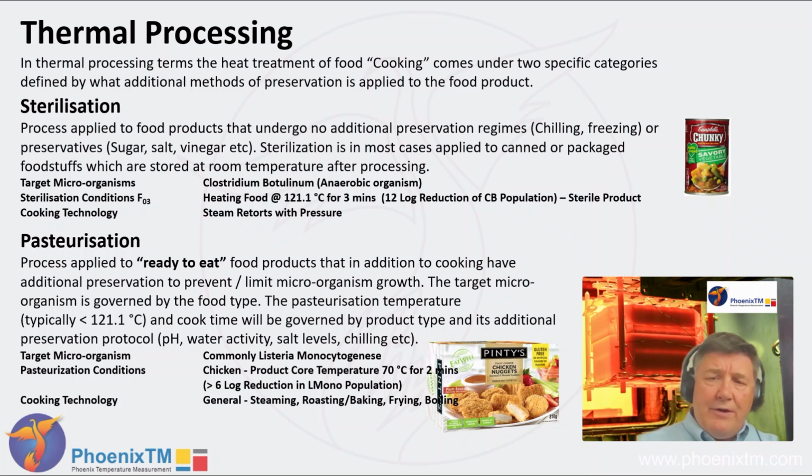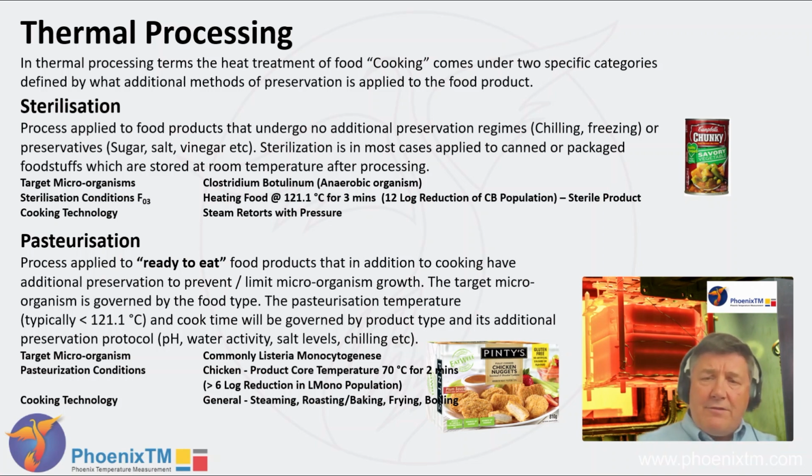That 70 degrees for 2 minutes is required because scientifically it's been proven that under those conditions we will reduce the population of microorganisms, L mono, in that product by a minimum of 6 log or 6 orders of magnitude. This would then deem the product to be safe for consumption.